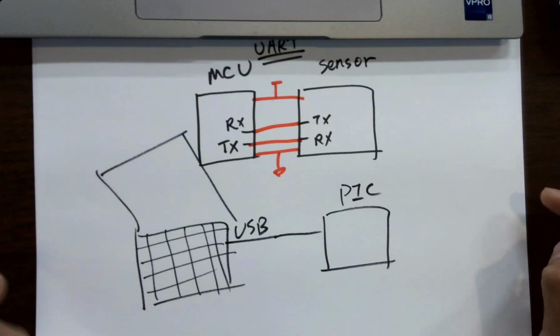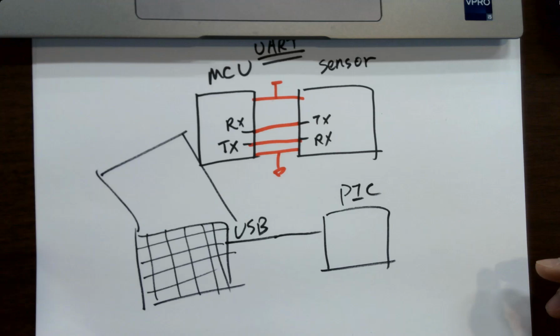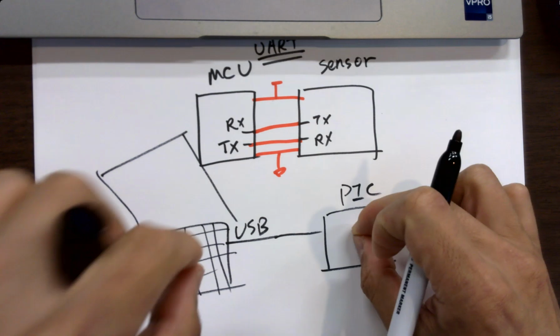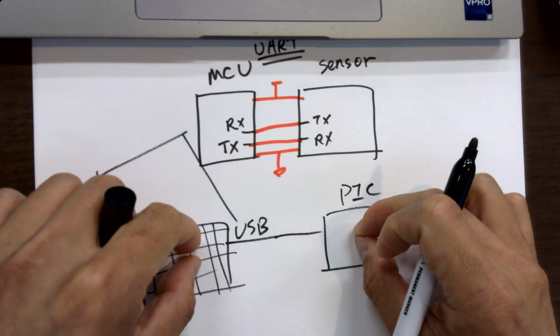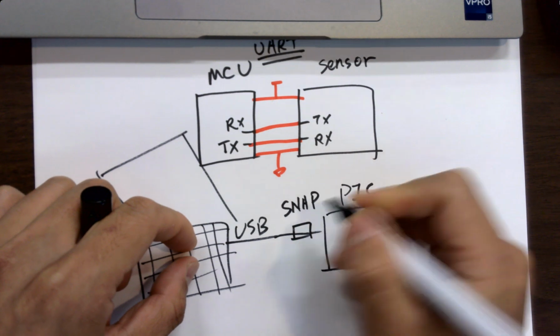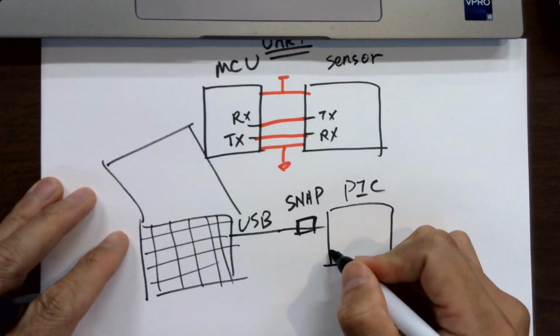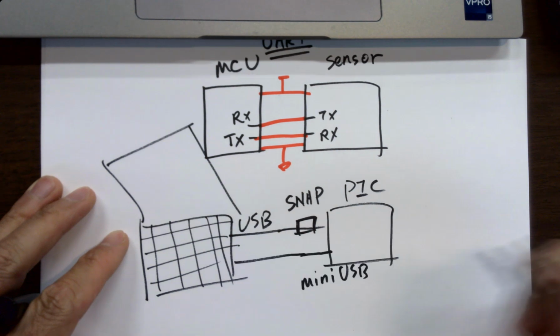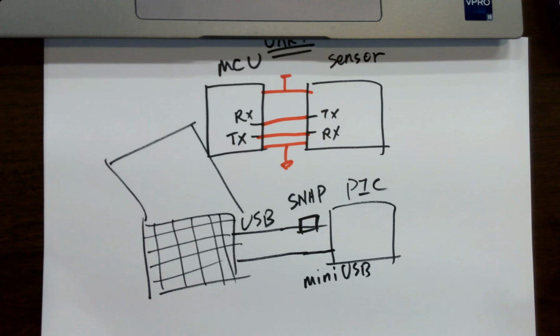Remember how many USB cables we have for the PIC microcontroller? How many USB cables did you connect between your board and the laptop? Two. So one is for what? It's called SNAP, right? It's a programmer. Another one is directly just a mini USB connecting to another USB port, right?